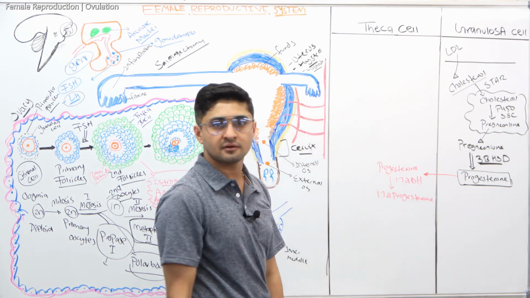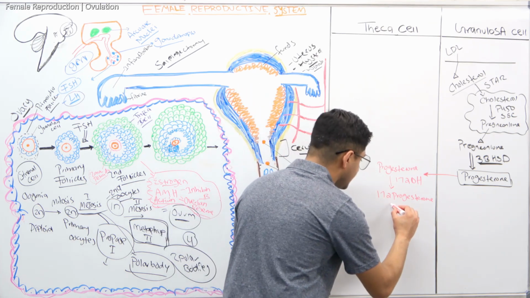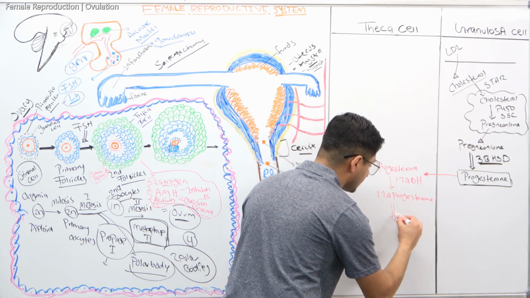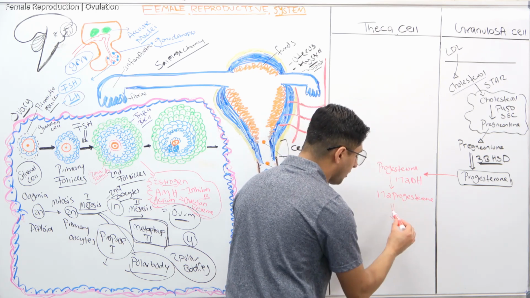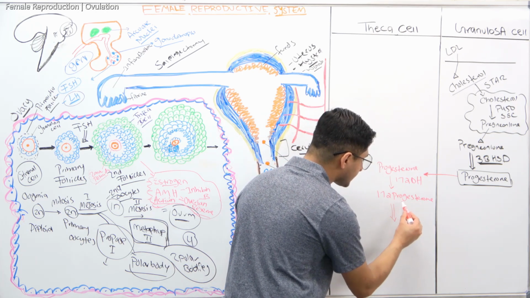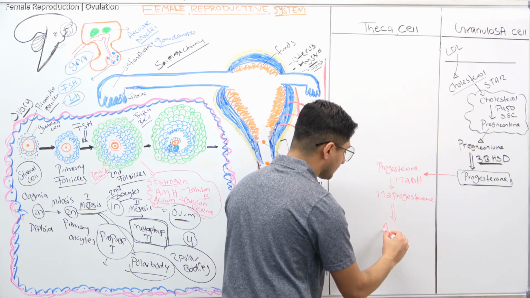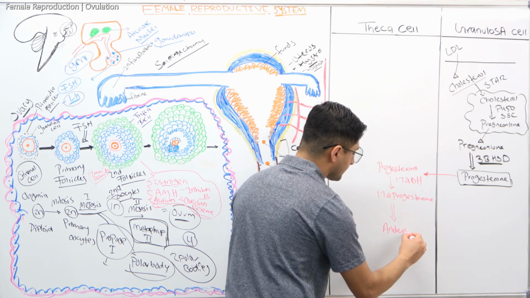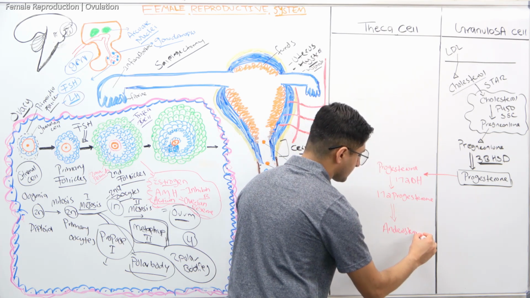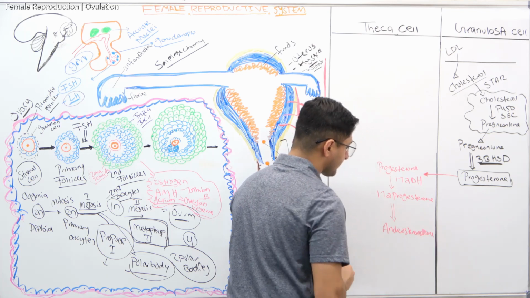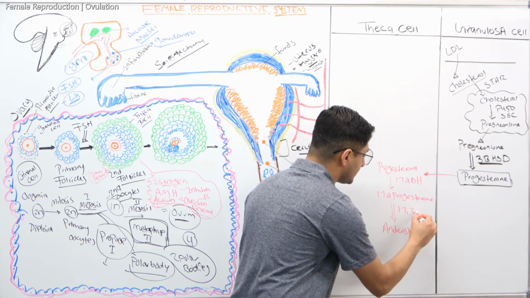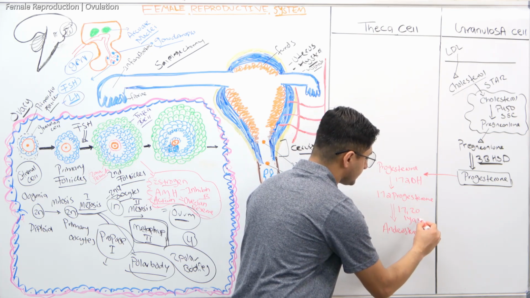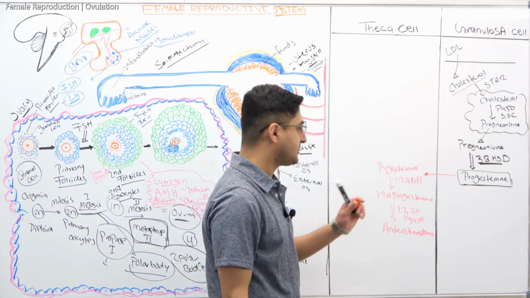And then there's another enzyme that is going to convert it into androstenedione, which is the enzyme called 17,20 lyase. That's what's going to happen here.